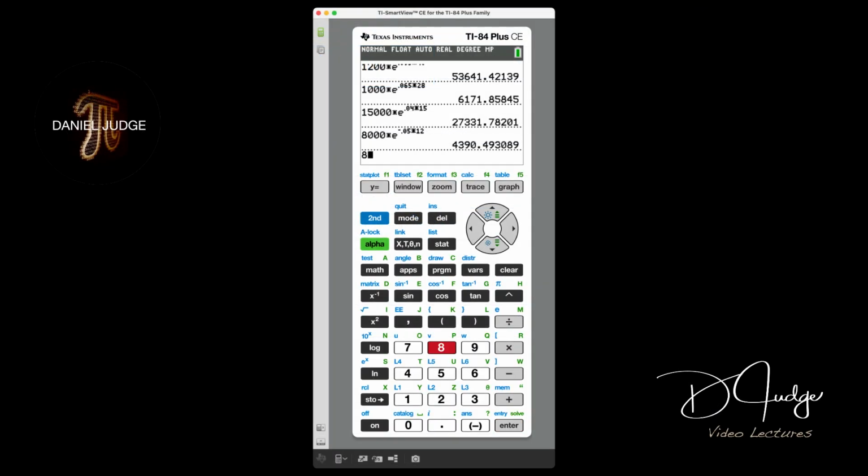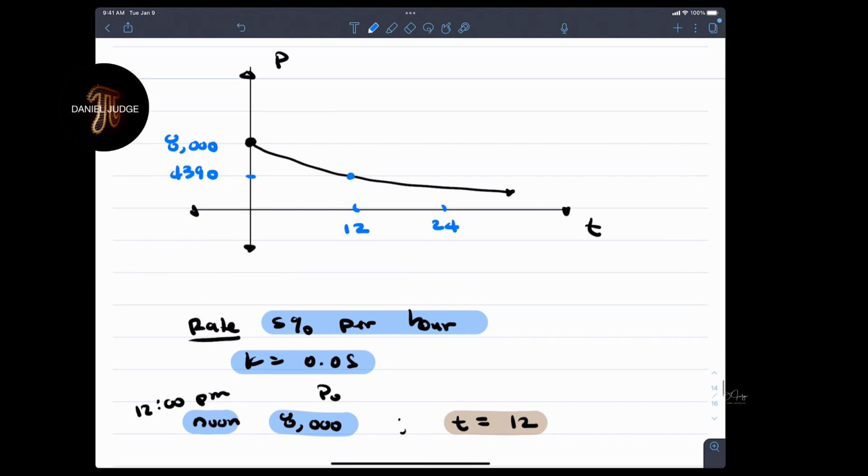So if we said, okay, 8,000 times e to the minus 0.05 times that 24 hours now, ladies and gentlemen, you end up with P being 2,410 to the nearest bacteria. So 24 hours later, there's 2,410 pieces of bacteria, little pesky bugs.